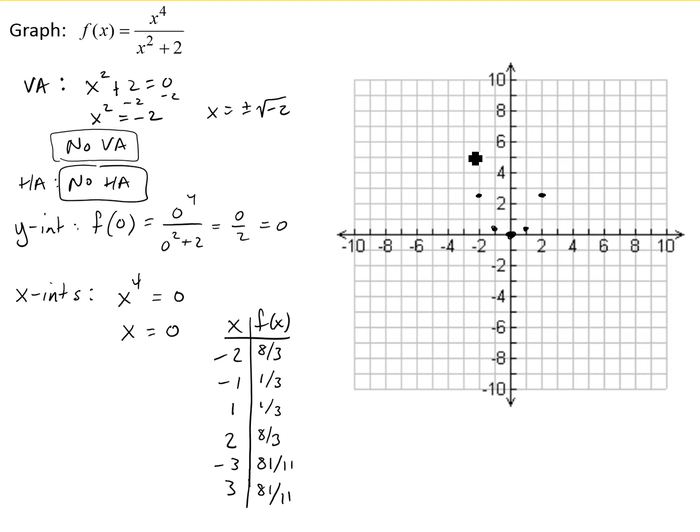So negative 3, and we're above the 7 there, and 3, and we're up above there. And by plotting those points, we see this basically U shape start to emerge there. So we'll go ahead and fill in the rest of our graph. So there's our graph of this rational function.